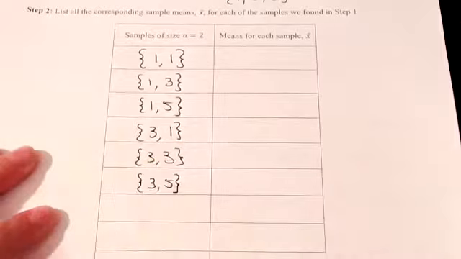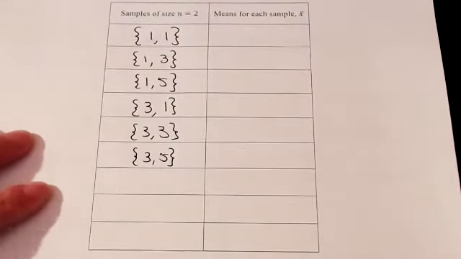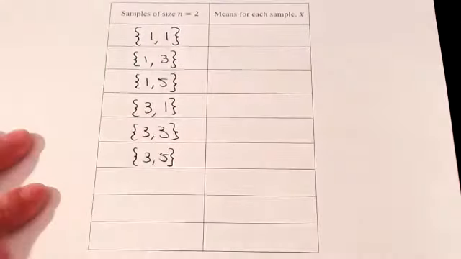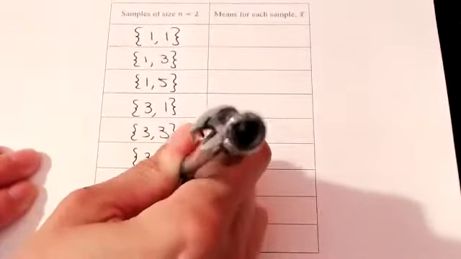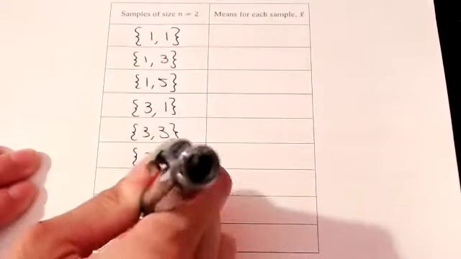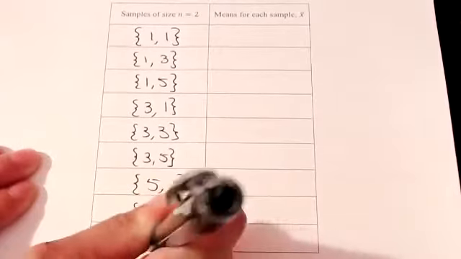Because remember, we are replacing that slip of paper in the bag. So we can pick it again, right? That's why we have these doubles. It is possible to pick that again. Lastly, if my first pick is a 5, then I could also pick a 1, a 3, or a 5.